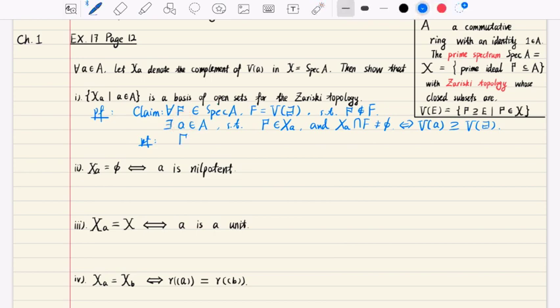And P is not a prime ideal in V of the ideal A, if and only if P does not contain A by definition. So which means that there is an element in A, and this element does not belong to P.